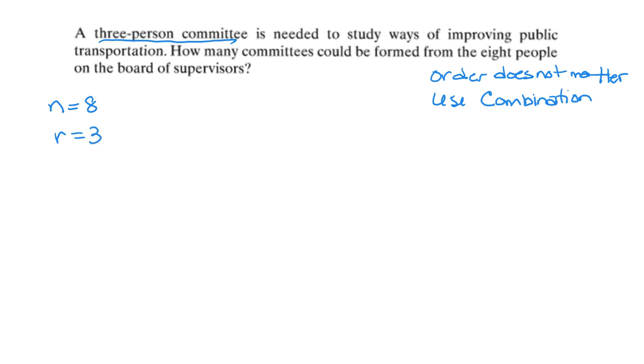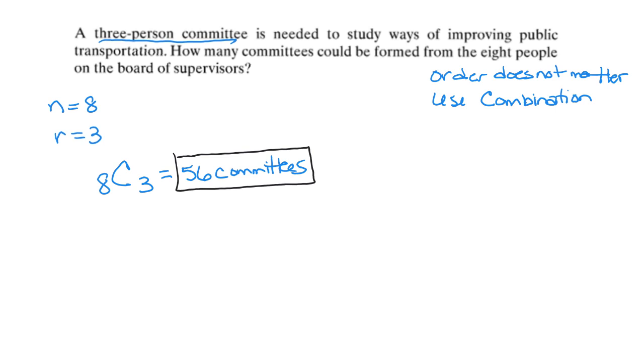So we are going to do 8 combination 3. 8 items taken 3 at a time. Now again, you're going to place this in your calculator, following the steps from the previous slide, and you should come up with 56. We're creating committees here.